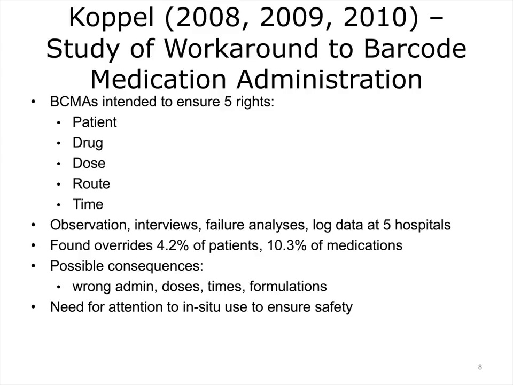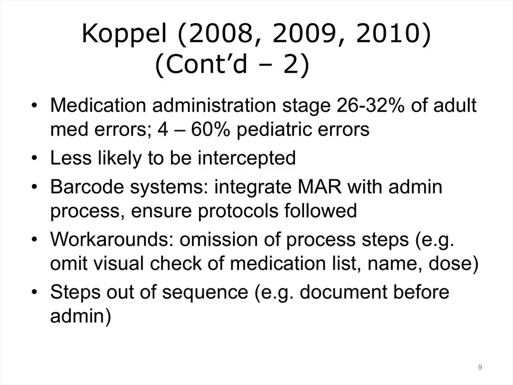He found that systems were overridden for 4.2% of patients and 10.3% of medications. This has the possible consequences of wrong drug administration, doses, times, and formulations. Thus, there is a need for attention to use of these systems as it is done in the hospital to ensure safety. Koppel's studies show that around 1/3 of medication errors occur at the administration stage in adults.